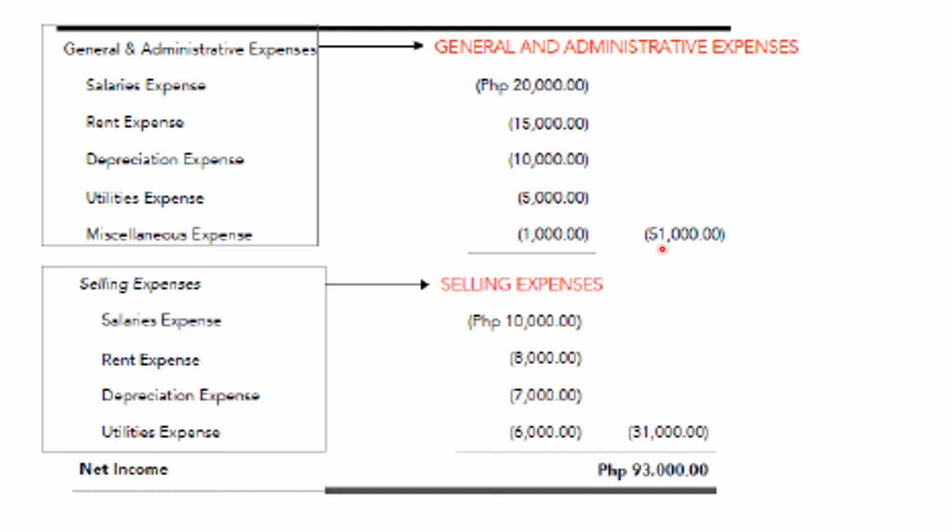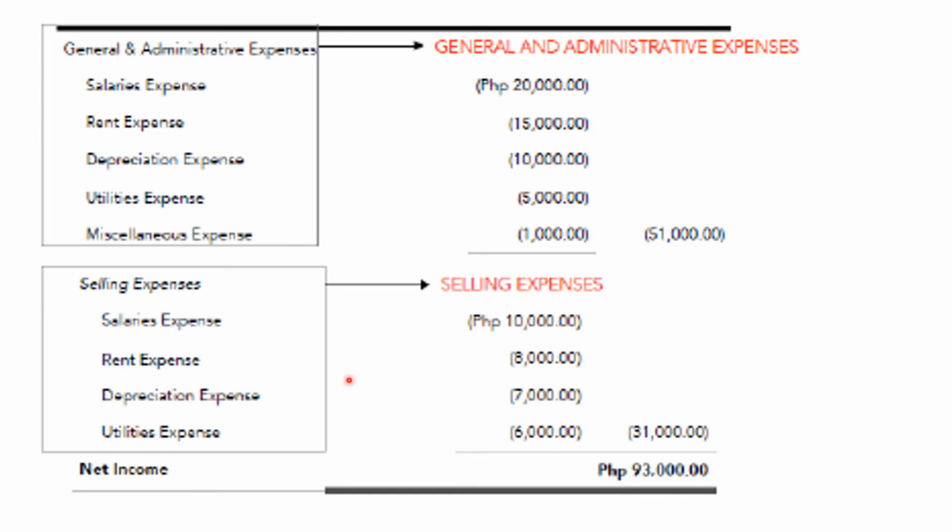So we need to add this 51,000 plus 31,000. We have a total of expenses which is 82,000.